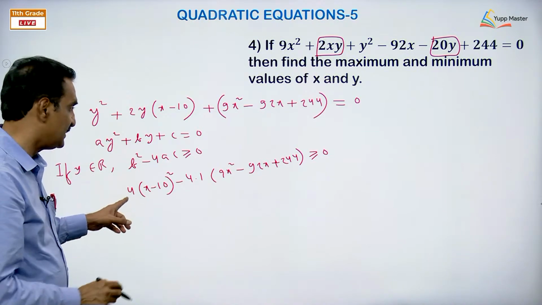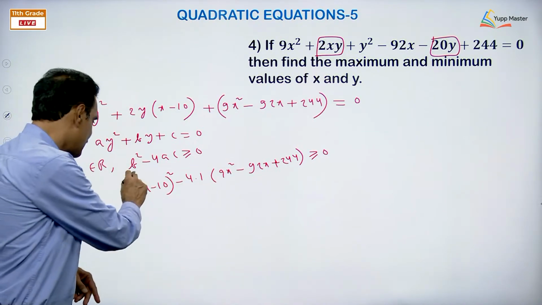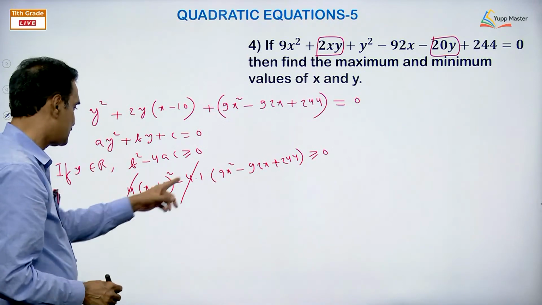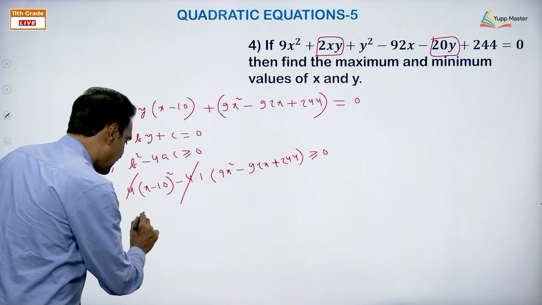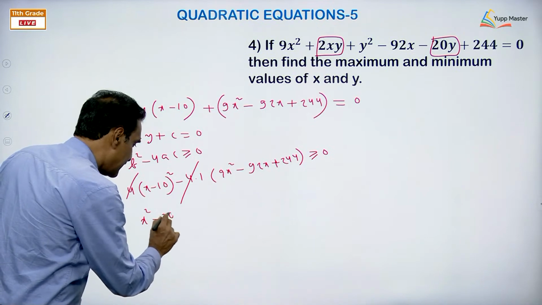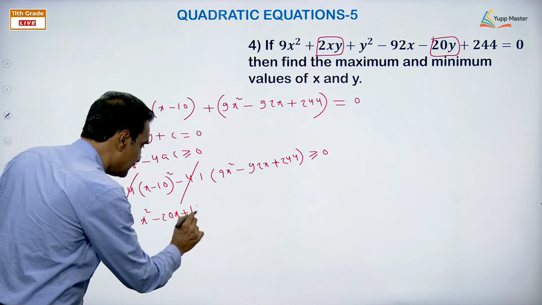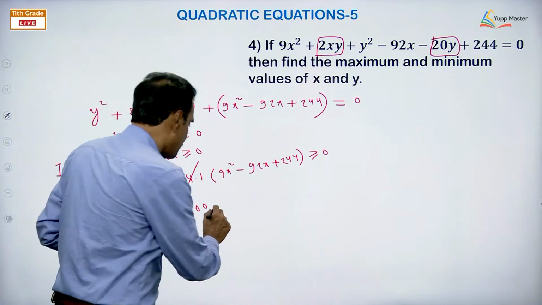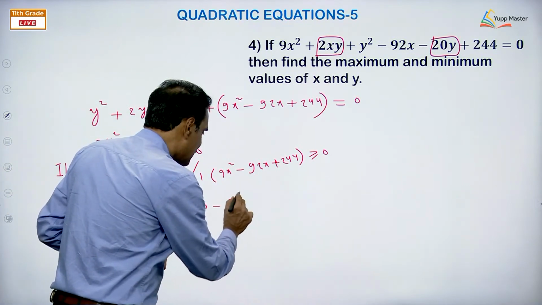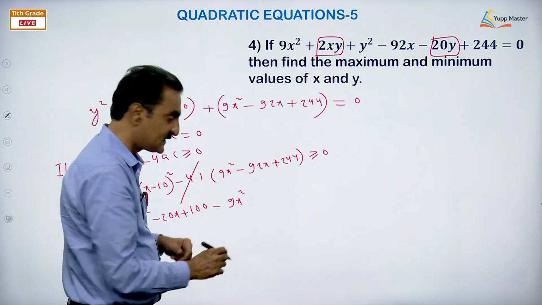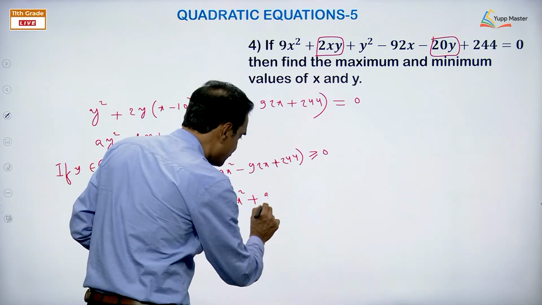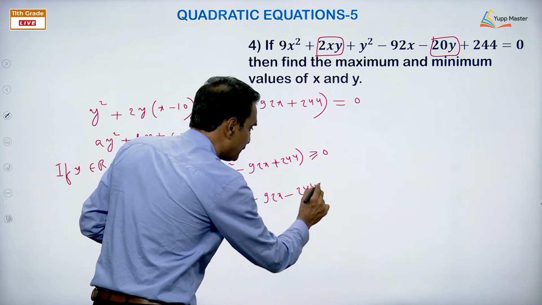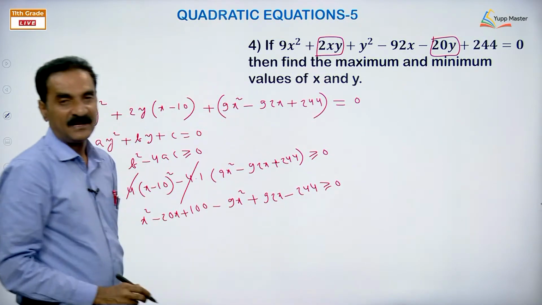Let us simplify. You can divide both sides by 4. Expand the square, x square minus 20x plus 100, using the a minus b whole square formula. Minus of 9x square, minus into minus plus 92x, minus 244, greater than or equal to 0.